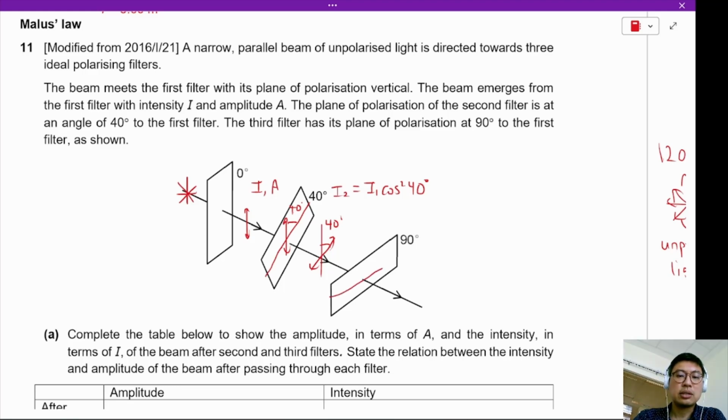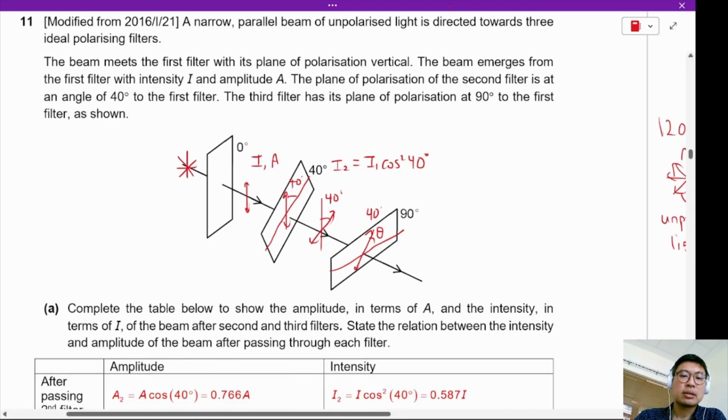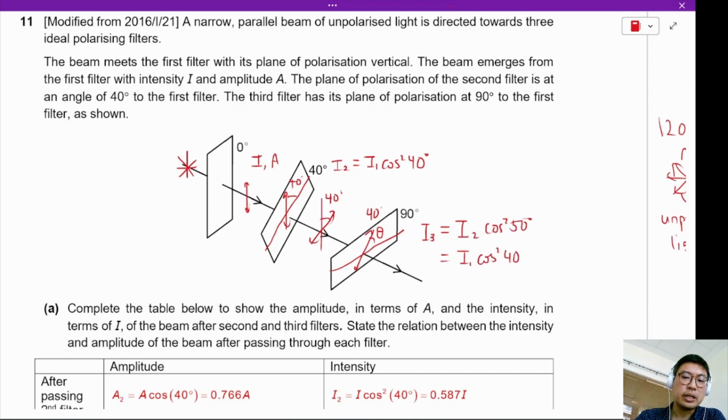The next one is 90 degrees, but our light is at 40 degrees to the vertical, so the angle theta will be 50 degrees. We call this I3. I3 equals I2 cosine squared 50 degrees, so this will be I1 cos squared 40 times cos squared 50.